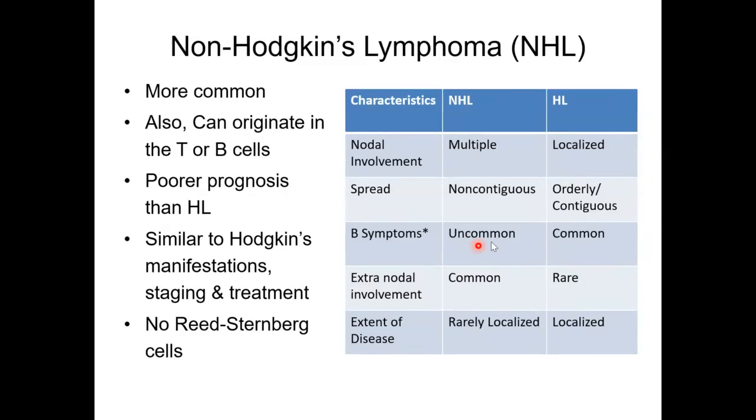But this is really mostly what we see. But again, this can be misleading. This doesn't say they don't have them, it's just not as common. Extranodal involvement, common. Extent of disease, rarely localized. It's spreading out in an unpredictable fashion right here.